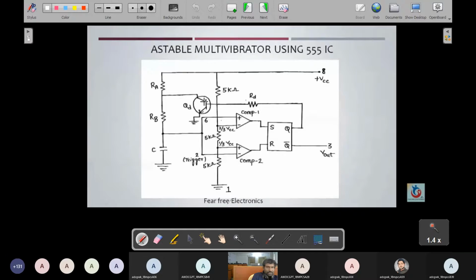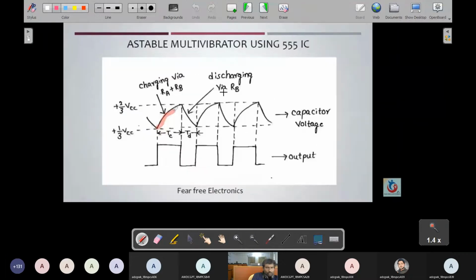At that time, the collector terminal, which is connected in between RA and RB, lets the capacitor discharge. So at the time of discharging, only RB is present, and the capacitor discharges through RB only. It does not enter into RA. Therefore, discharging is via RB.